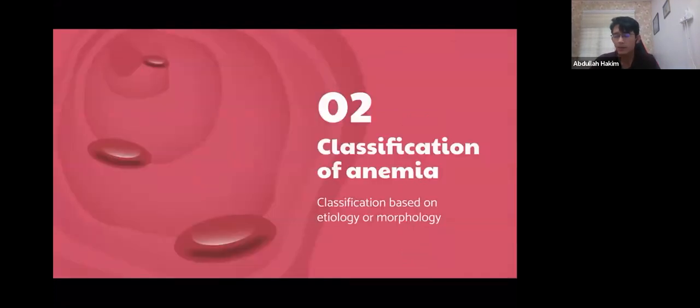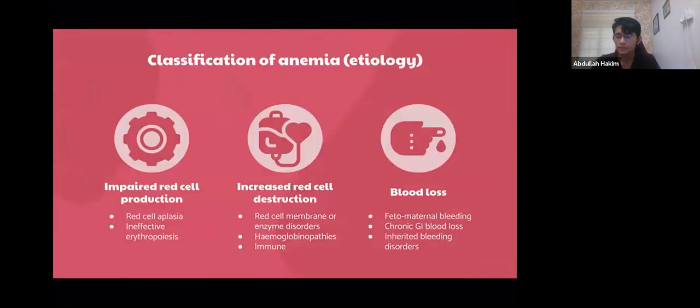So the classification of anemia, we can either classify based on the etiology, the mechanism of the anemia, or the morphology of the anemia itself. The classification by mechanism can be divided into 3. First, impaired red cell production, which includes red cell aplasia, for example, parvovirus B19 infection, aplastic anemia.